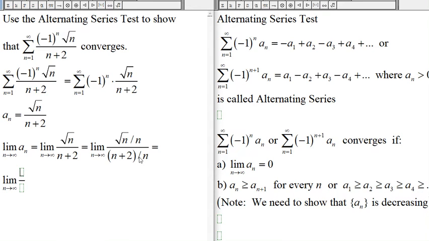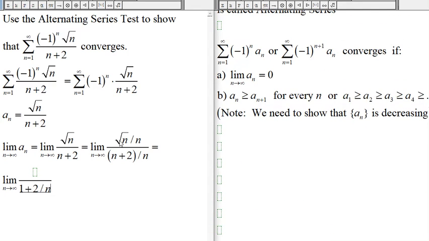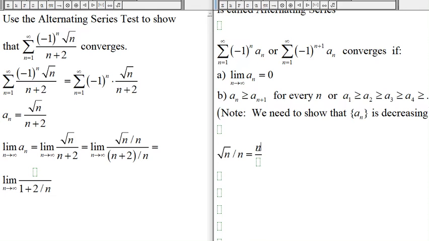Now for the bottom, n divided by n is just 1, and then plus 2 over n. And then the top right here, we have the square root of n divided by n. And then let's go ahead and work that out. So we have this right here. This is the same as n to the 1/2 divided by n to the first.